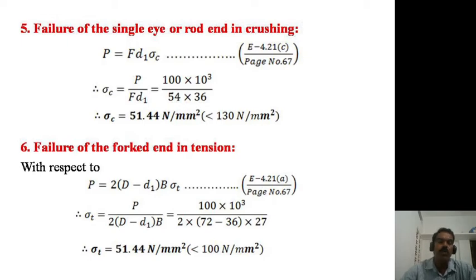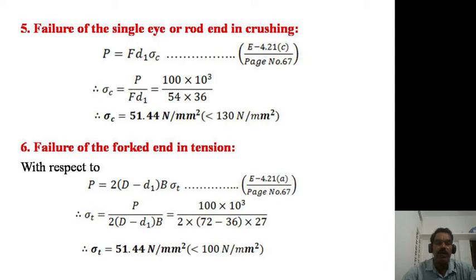Okay, now I am going to discuss one more point, that is step number 6, failure of the forked end in tension. What is the formula? Here load is equal to area into stress. Load is equal to area of the forked end into tensile stress.